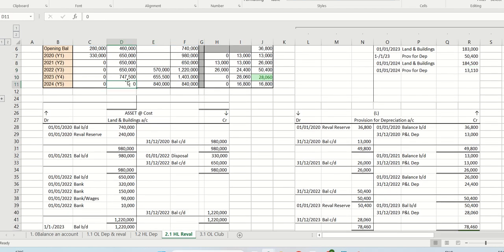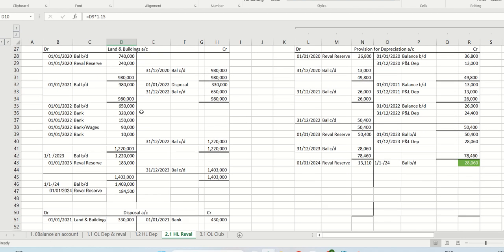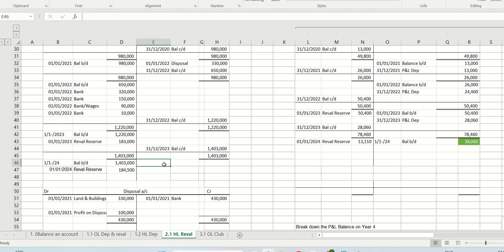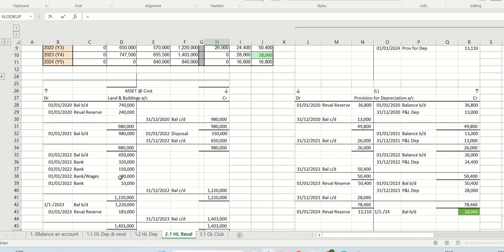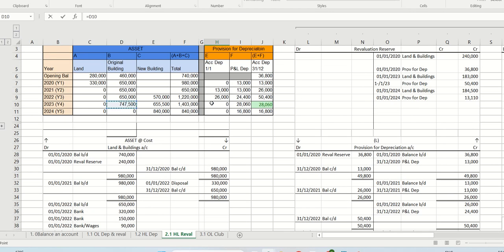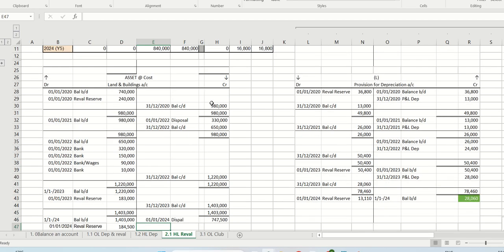We got rid of the original building, so the 747,500 is gone. We've got to get rid of that now in our accounts. So on the 1st of the 1st, 24, we've got a disposal of the value of the building. Take it from the cost column in your table, 747,500.